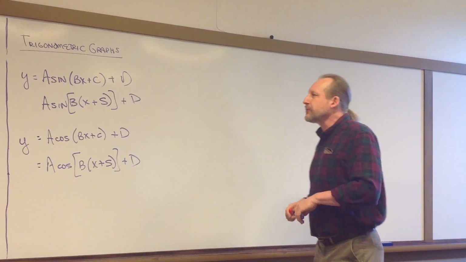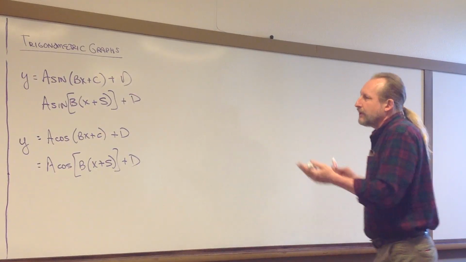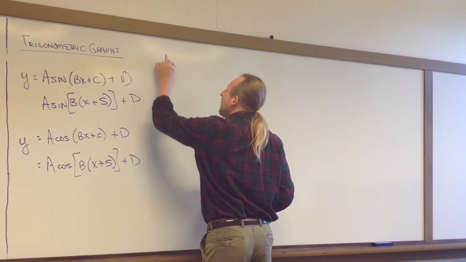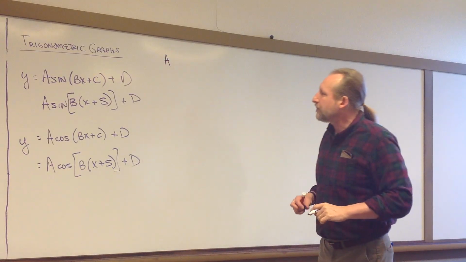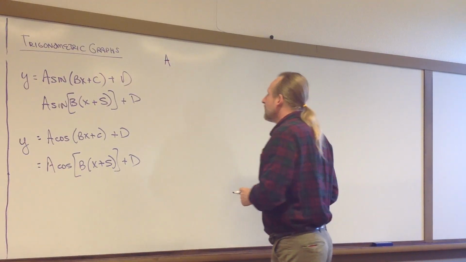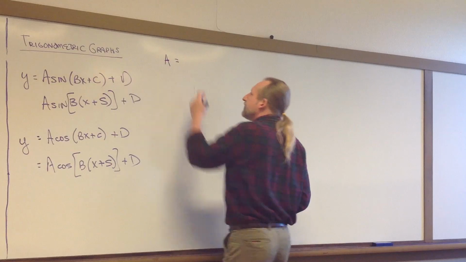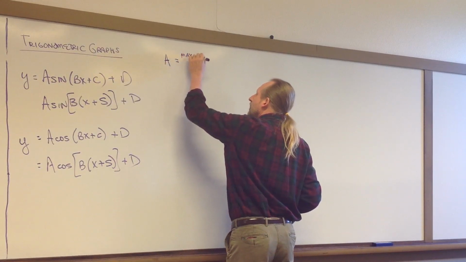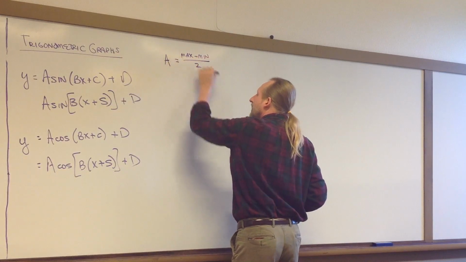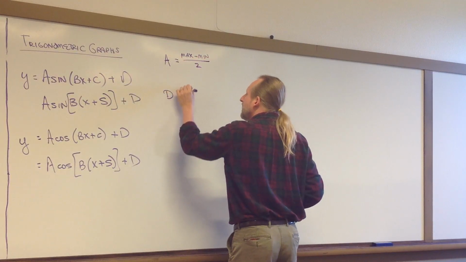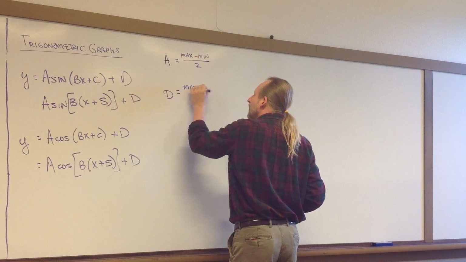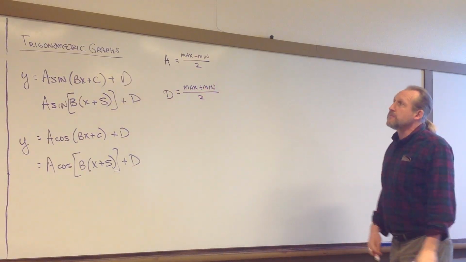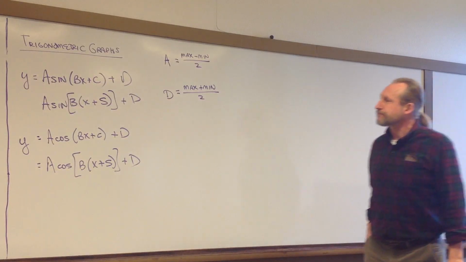So if you go back into chapter 2 and if you look through there, you'll see there's a point where I say that A, the amplitude, is the half of the difference between the max and min values. Max minus min divided by 2. And D is the average, or half the sum, of the maximum and minimum values. Okay?